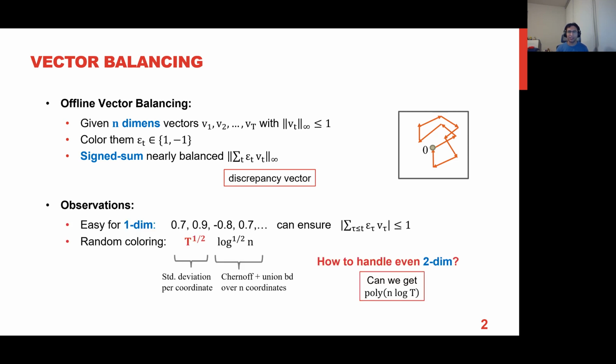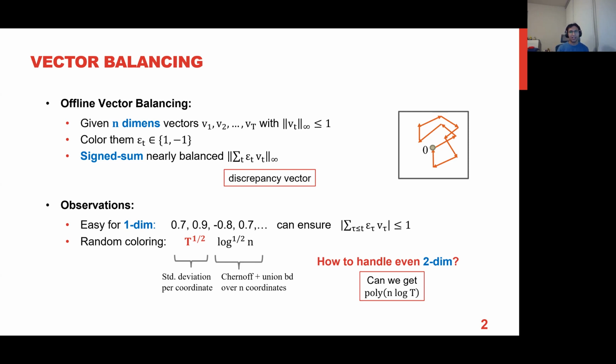As you might notice already, in one dimension the problem is easy. You are given a bunch of scalars, so you can just greedily color them to make sure that the discrepancy is small. But already for 2 dimensions, the problem becomes non-trivial. If you do something like random coloring, in expectation it sounds good because each coordinate has expected value 0, since each sign is plus or minus 1.